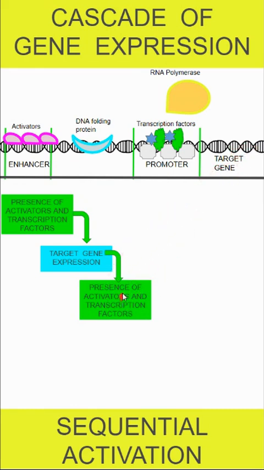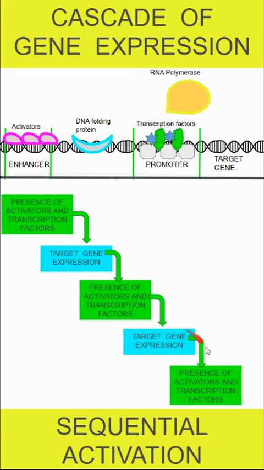So the presence of these new transcription factors will lead to more target gene expression, and then that could lead to more activators and transcription factors for other target genes. And we have this sequential activation. That's really important in development because certain genes need to be turned on in a certain order.